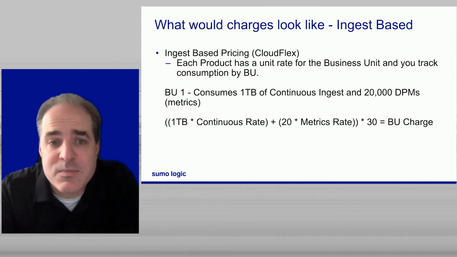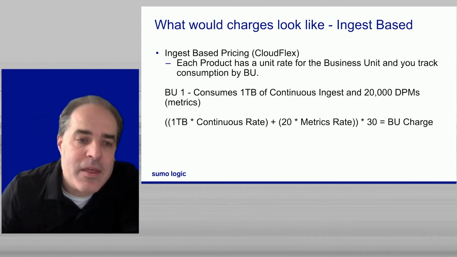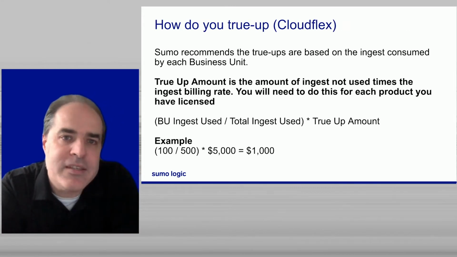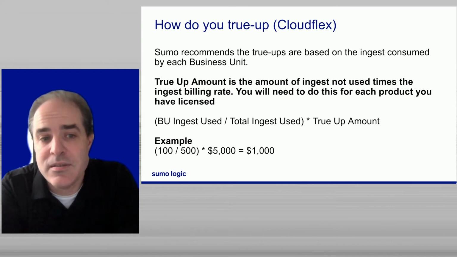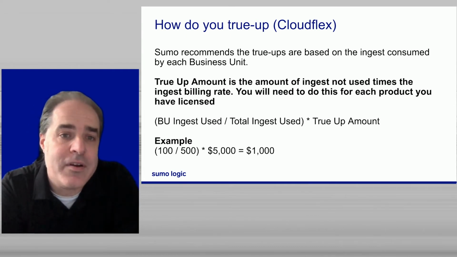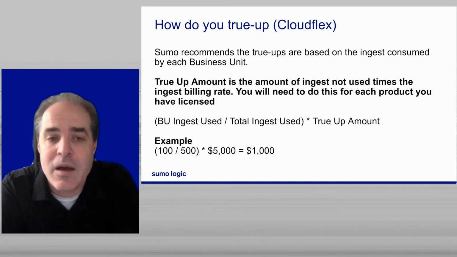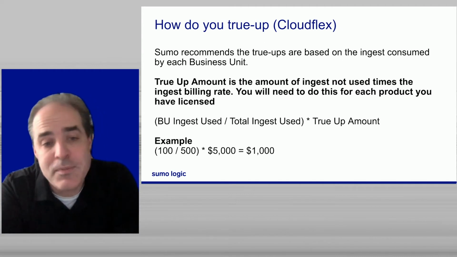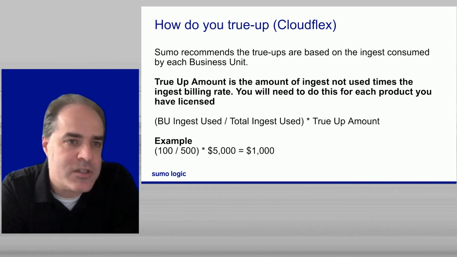So even with this method, we do need to look at true-ups versus our credits method. The reason is that even if you're basing it on consumption with Cloudflex, you've licensed to your peak ingest, meaning if you've licensed for 500 gigabytes and you only use 400 gigabytes, you need to make up for the ingest that you didn't use when you charge somebody. On the flip side, if you've overused consumption, you need to charge them for that as well.